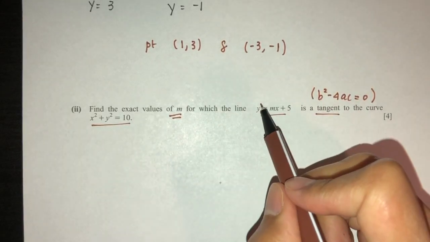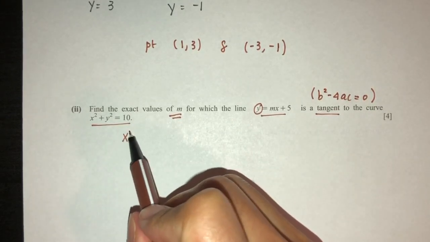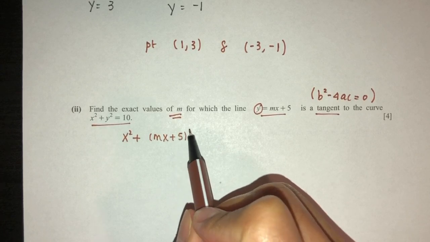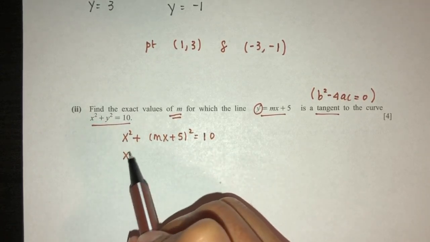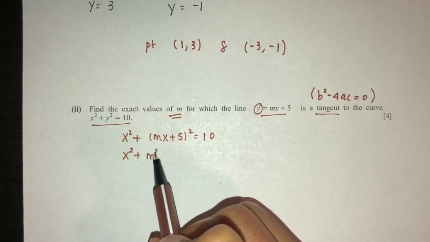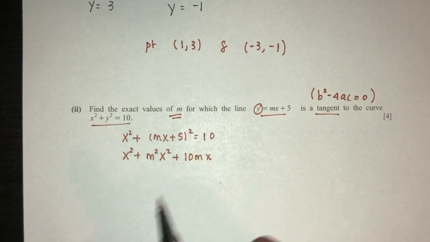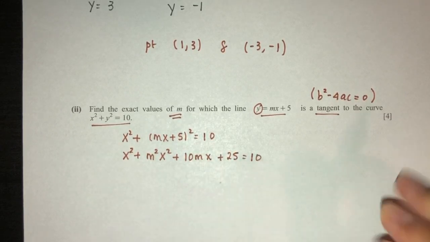Again, here we have y, here we have y squared. Same steps, x squared plus (mx plus 5) squared is equal to 10. So you will have x squared plus m squared x squared plus 10mx plus 25 is equal to 10.